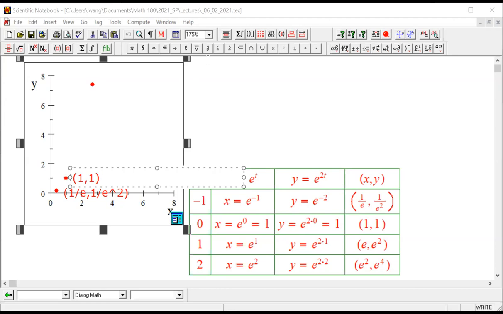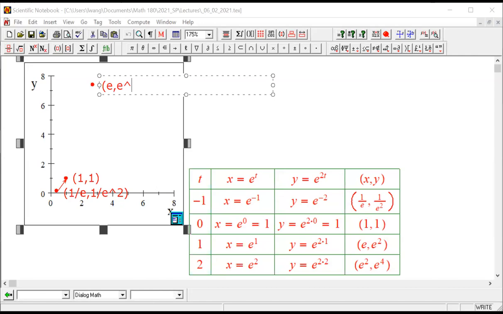And you also need to put an arrow there. Okay, and the third point is e, comma, e squared. I'm not marking this point because it's going to be off the chart and make the picture look a little awkward. Another arrow.